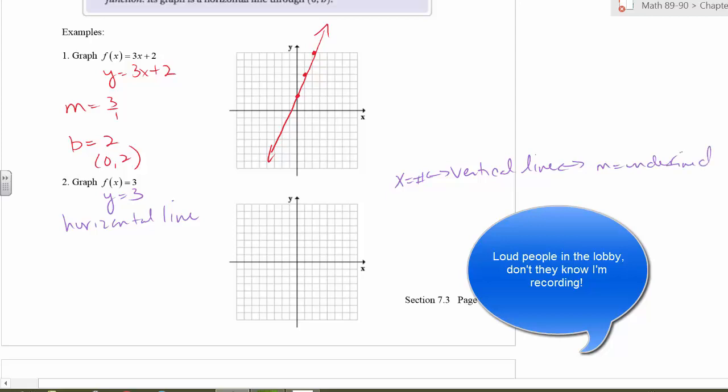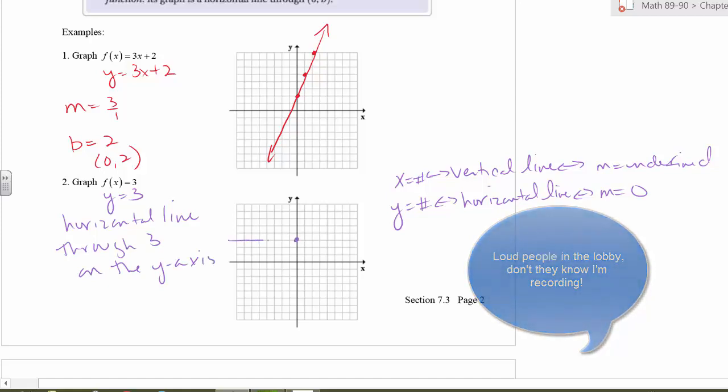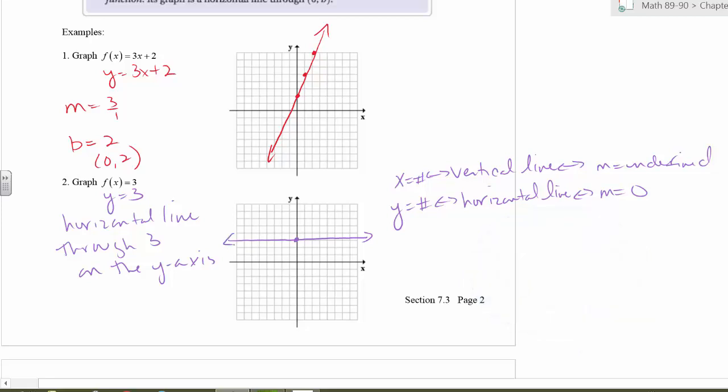There's no run, so you're dividing by 0, so it's undefined. But if you have y equals a number, that's a horizontal line, and you know the slope is 0, meaning it's a flat, straight left-right line. So this is going to be a horizontal line through 3 on the y-axis. So right here, and then you just graph that line straight across.